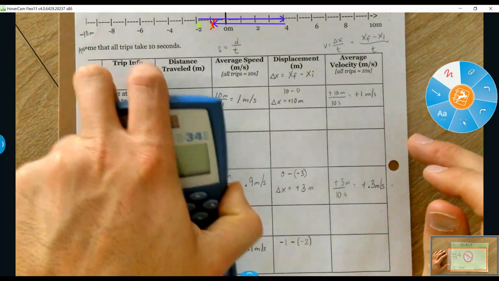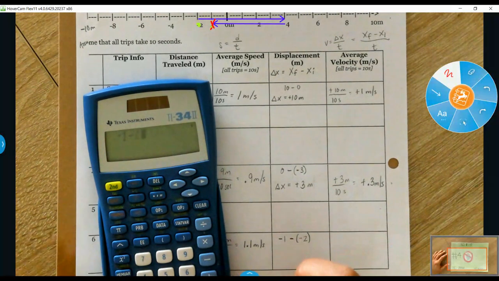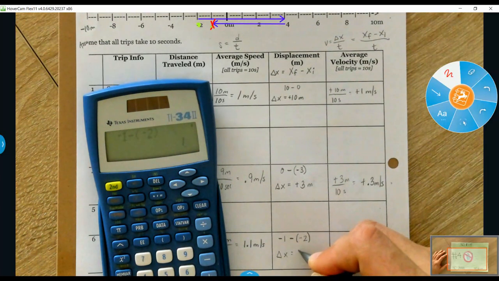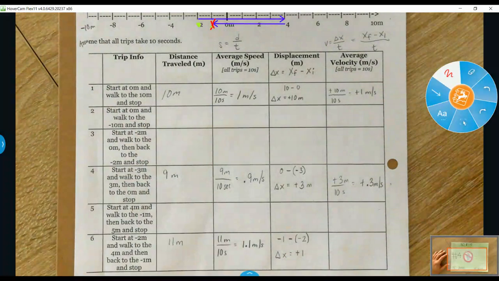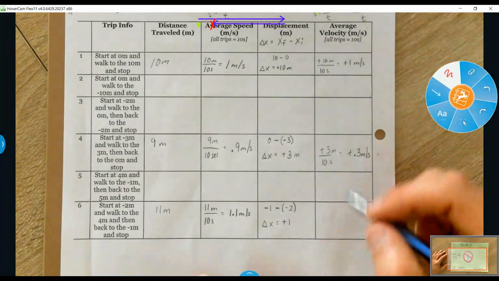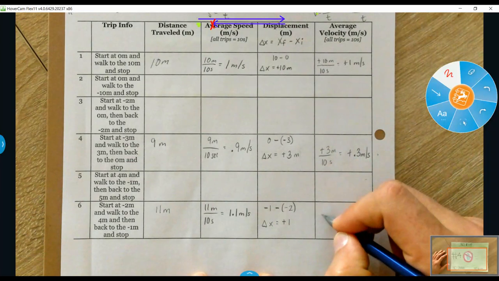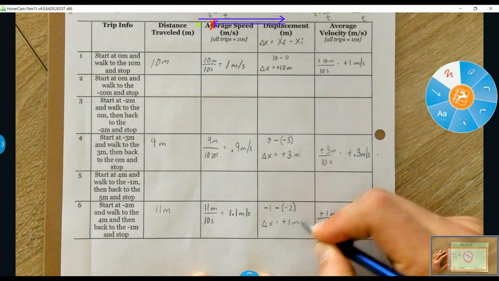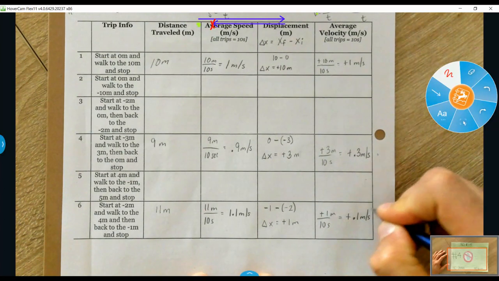All right, so if you needed to, you can toss it into the calculator. -1 minus -2. And we get a value here of +1. And then in the calculator, or the equation, delta x over time, +1 over the 10 seconds, positive 0.1 meters per second.